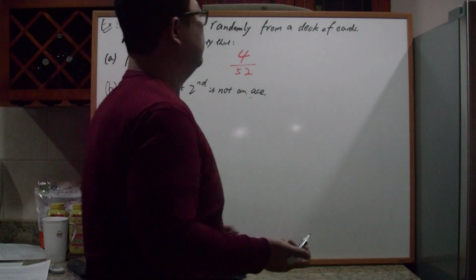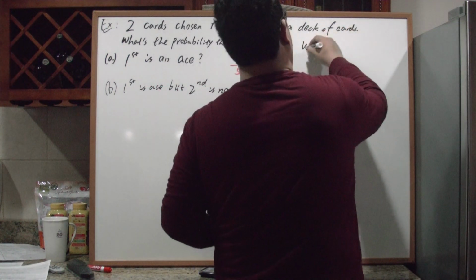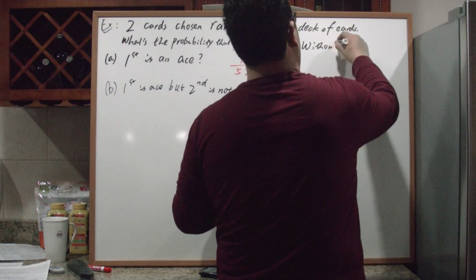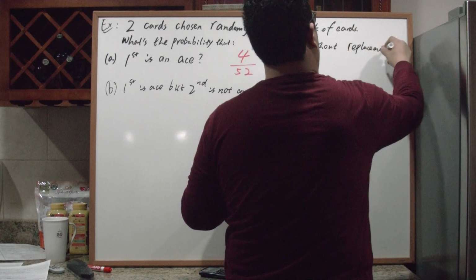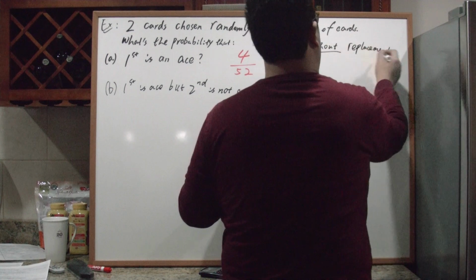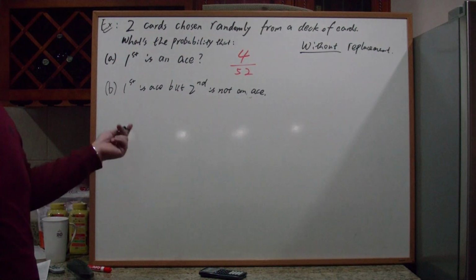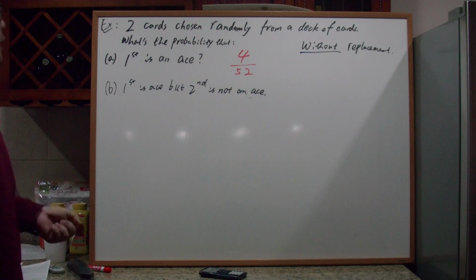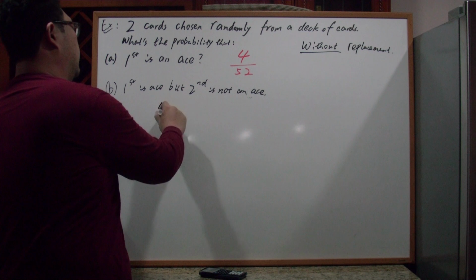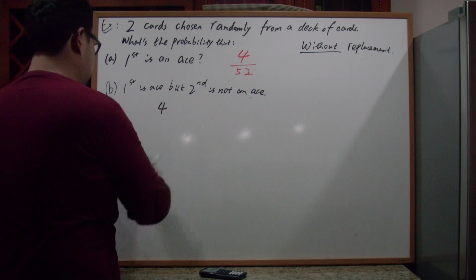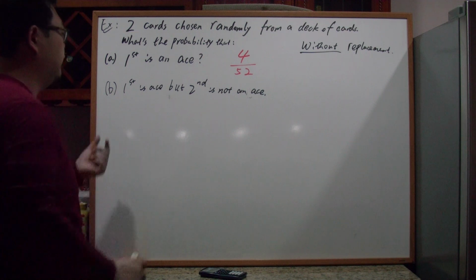And the thing I forgot to mention is we select two cards without replacement. If it were with replacement, that would be easier. Without replacement, there are a few more things, right? The first card is an ace, that's 4 cards. We have seen this before, right? Step by step.